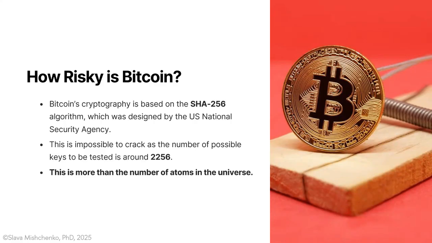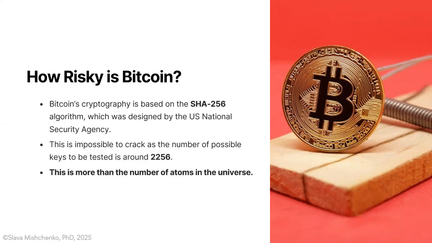Now you might wonder why this is significant. Well, let me share something mind-blowing with you. This algorithm creates a level of security that's almost impossible to comprehend. Let me put this in perspective for you.